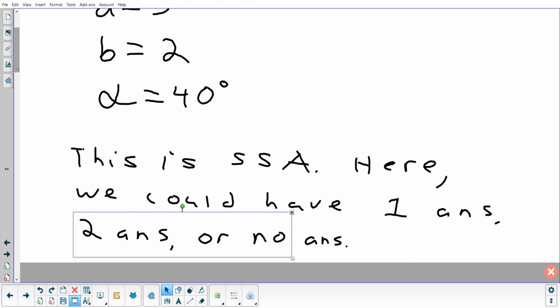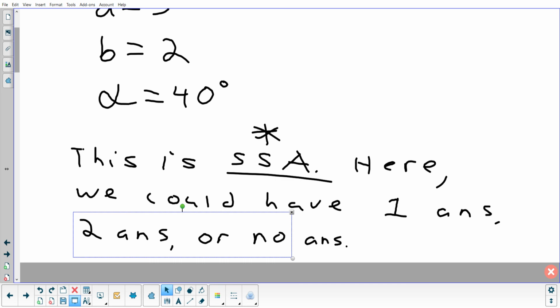Or, kind of the opposite of that, is you try to start solving the problem and you realize you can't do it. It's a no solution. If it's a no solution, that means C has no solution, gamma has no solution, and beta has no solution. They all have no solution. Side-side angle is the only case where that can happen.